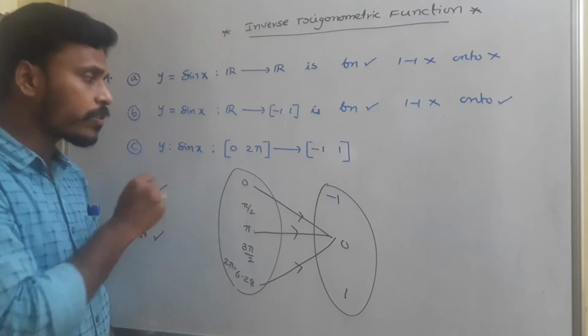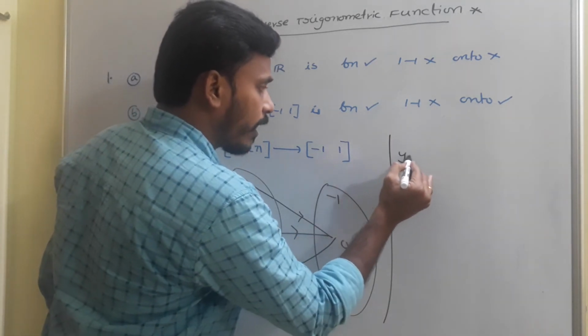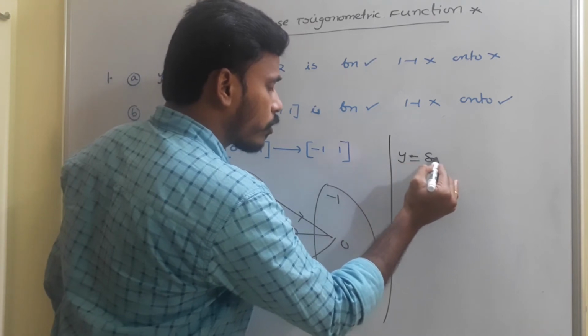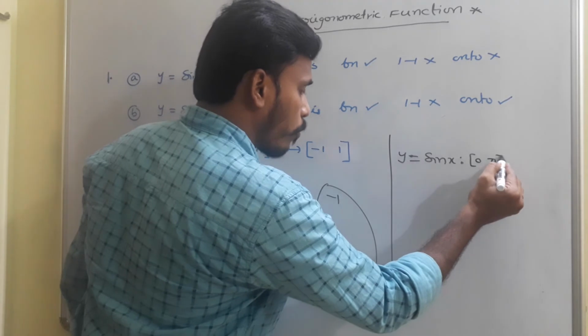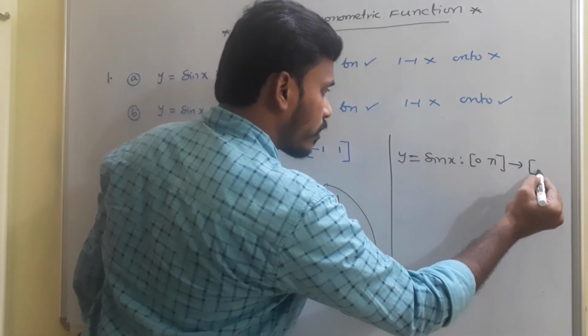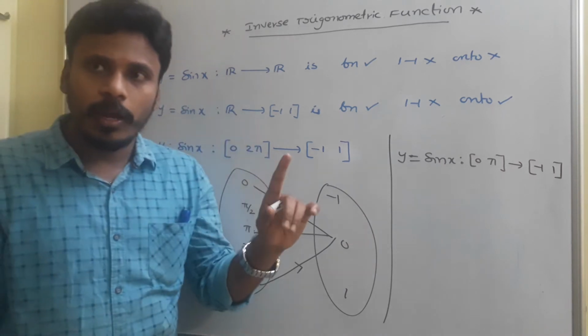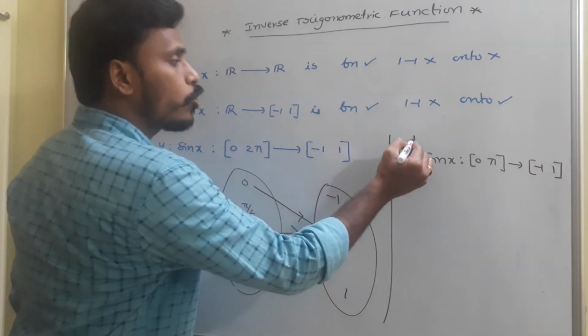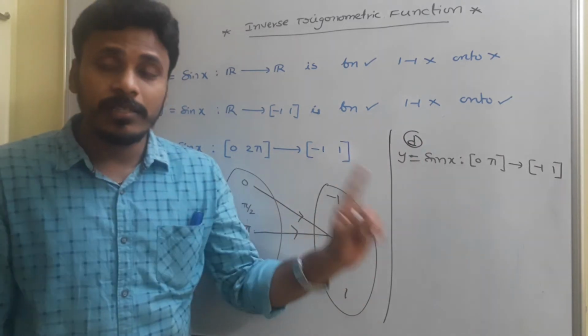If I take y equals sin x from the domain 0 to pi, to the codomain -1 to 1, just my idea, if my domain is 0 to pi and my codomain is -1 to 1, just think about it.